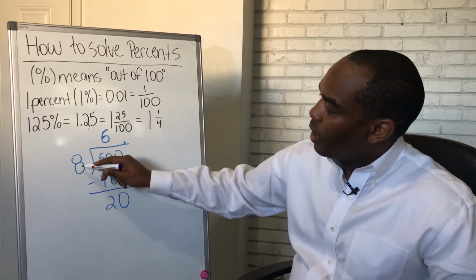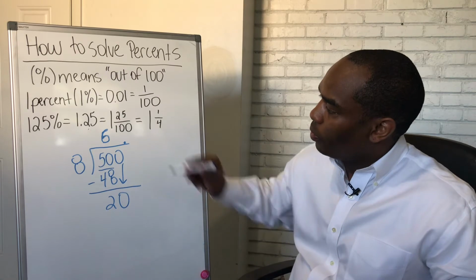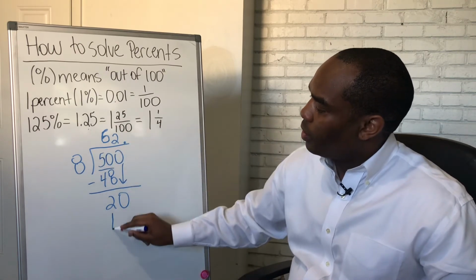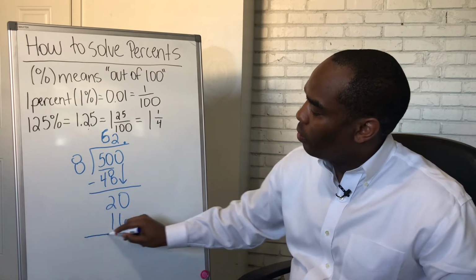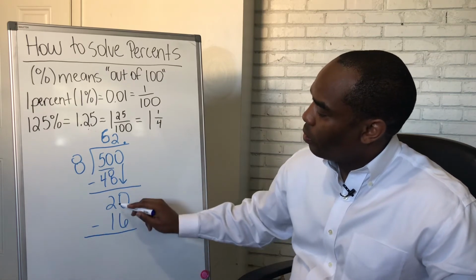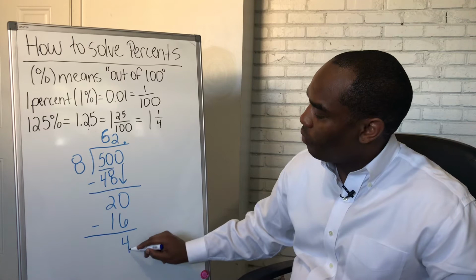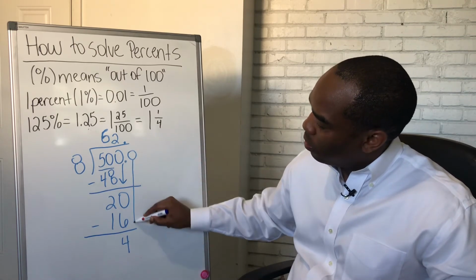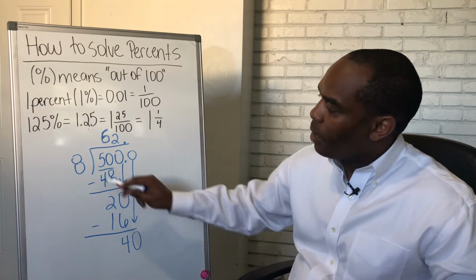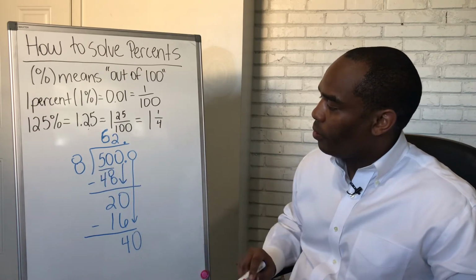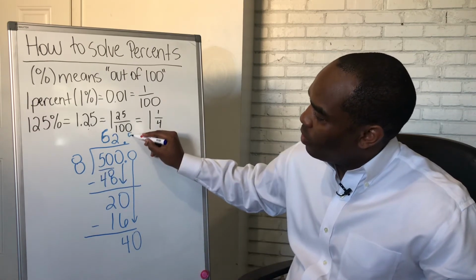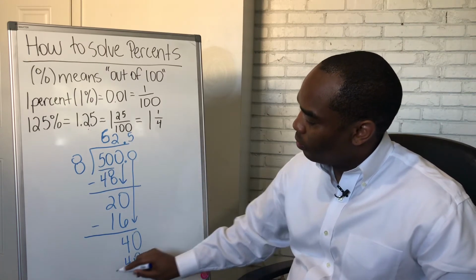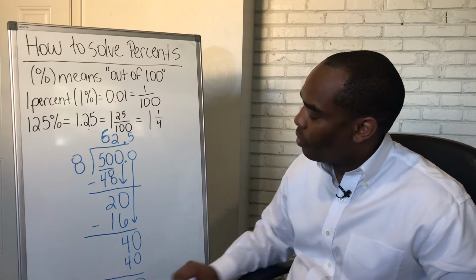How many times does 8 go into 20? 2 times, very good. 2 times 8 is 16. That gives us a 4. How many times does 8 go into 40? 5 times, very good. 5 times 8 is 40, and we have our 0 there.